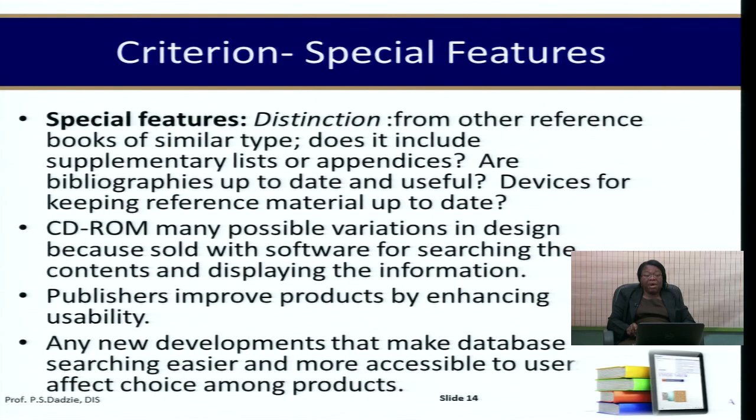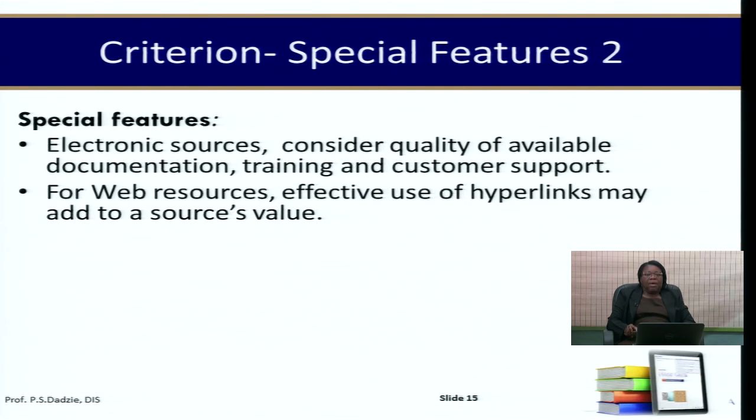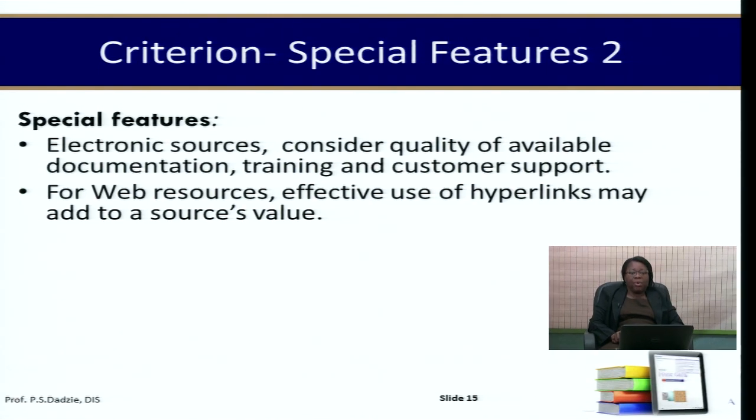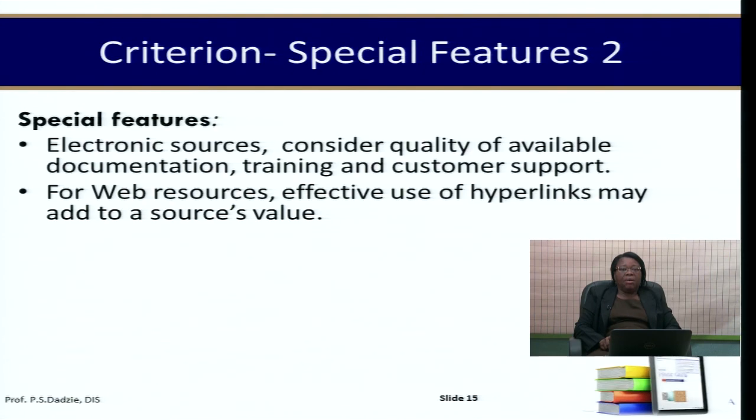So special features are very important when it comes to reference material. Under the electronic sources, you need to consider special features such as whether customer support is available, the availability of extra documentation, or the availability of training. These help with what you call the special features.